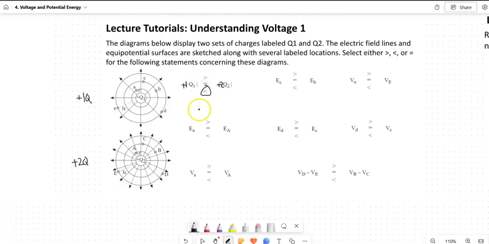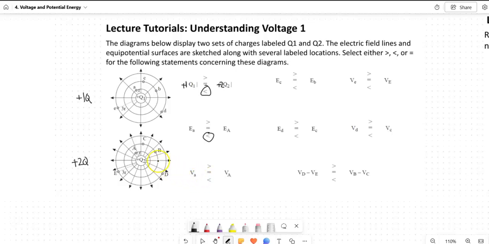This is going to be less than, which means there are fewer electric field vectors if I drew a line across here, versus if I took the same line and drew it across there. Here I have almost 4, 3 lines going through it, and here I only have 2. So the electric field at capital A is greater than the electric field at small a.